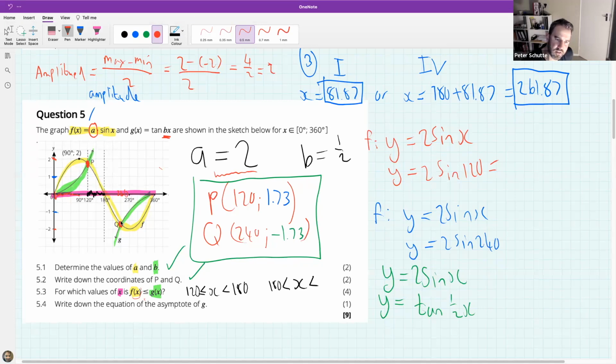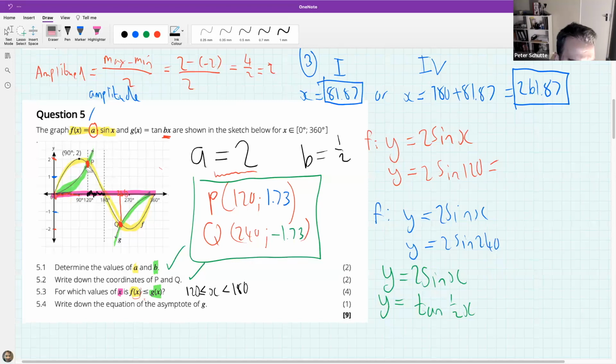So what's this point over here in line with? So I think that this is going to be 240. Because at 240, the green one goes, oh wait, no. I lie, I'm making this up. Sorry guys. I've had a moment here.